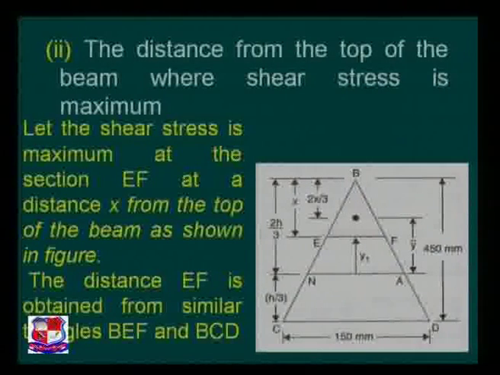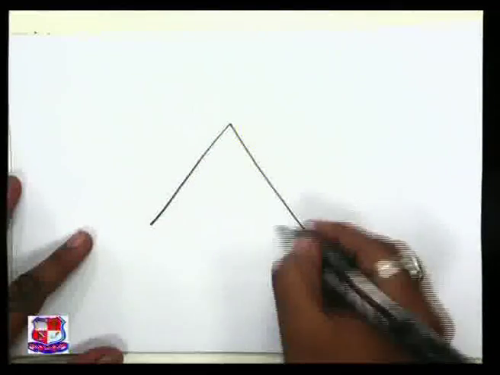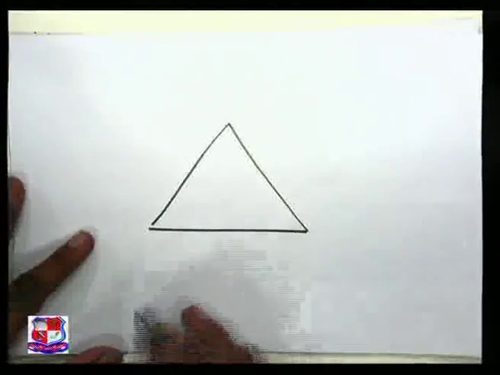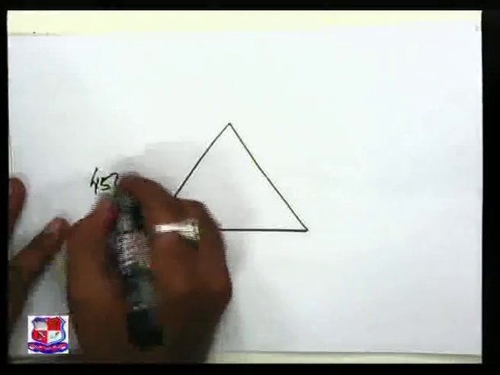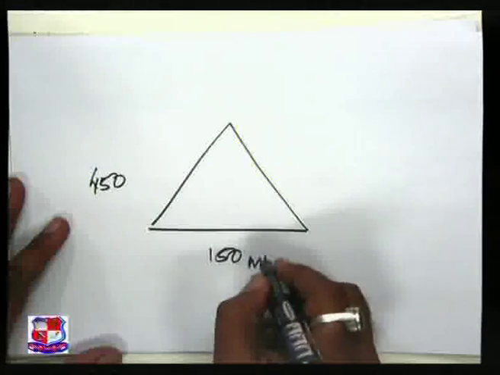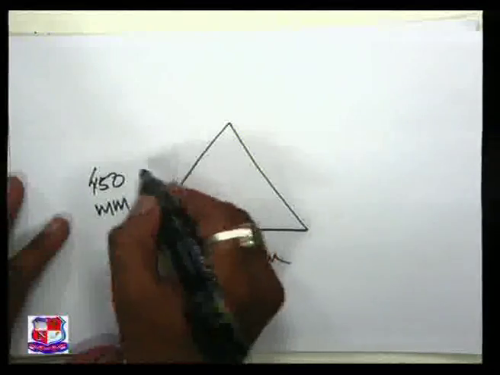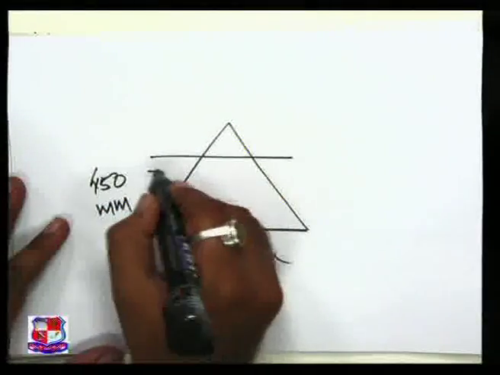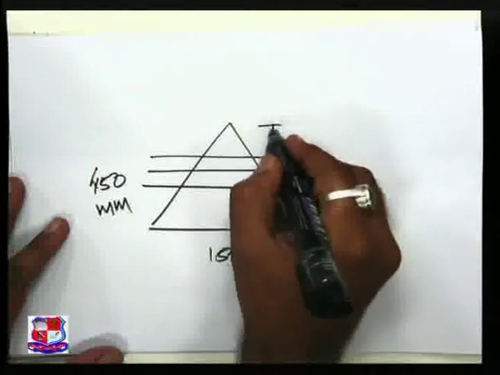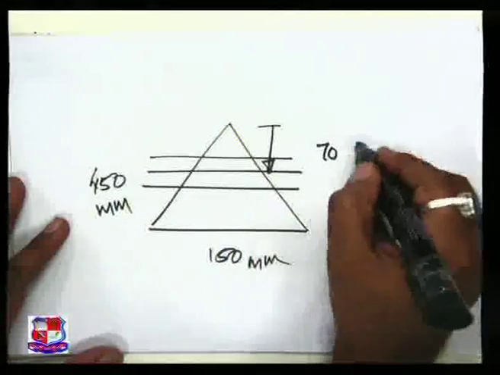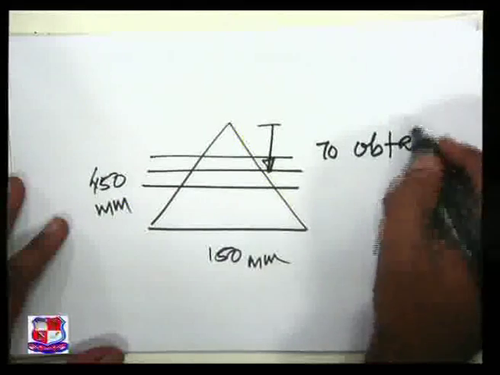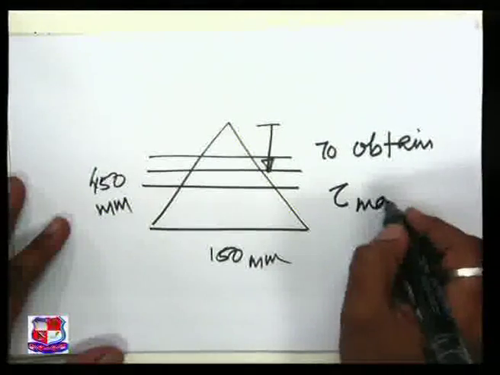Let us understand this concept over here on this tabletop. What is question number 2 going to ask? Now this is a triangular section which has been given to us with the height of 450, base width of 150. Our intention is to find out one specific section, this one or this section from the top, to obtain tau max.